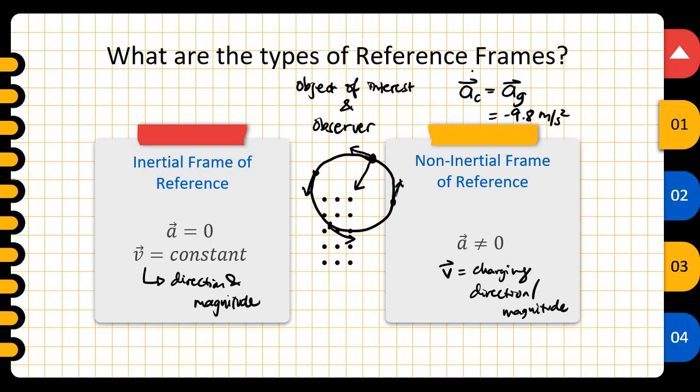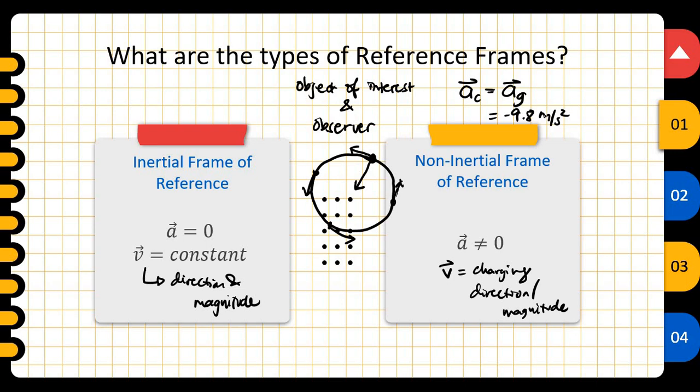technically we are in a non-inertial frame of reference, but since the acceleration due to gravity of the earth is so small, if we try to include that in our calculations in identifying the net force that a body or an object of interest is actually experiencing, with us considering the reference frame of the observer, the effect of this acceleration towards the center of the planet is extremely small and could be negligible.